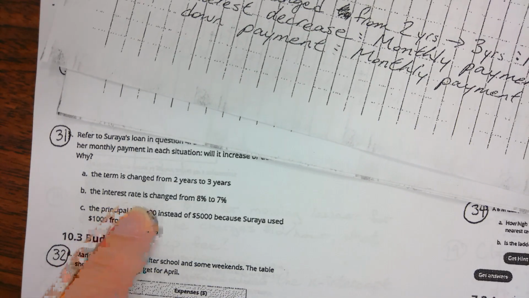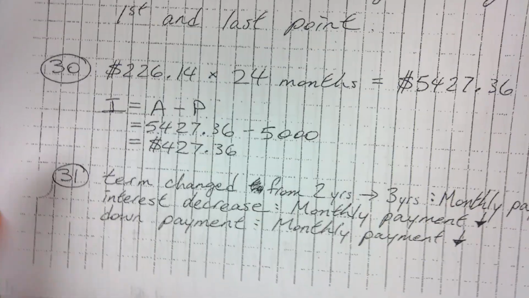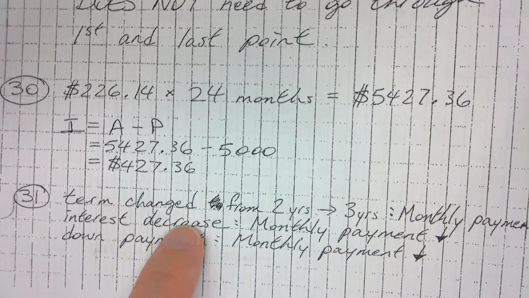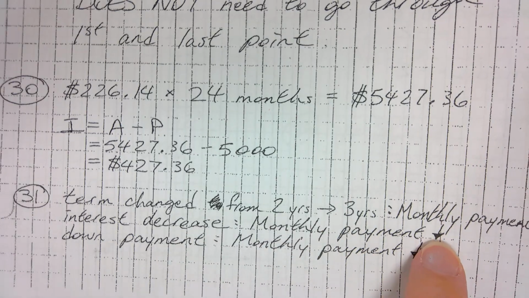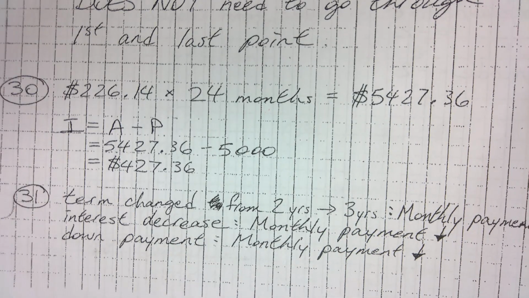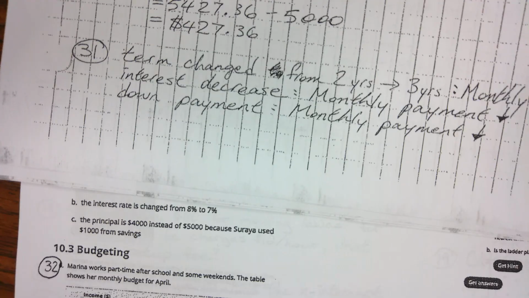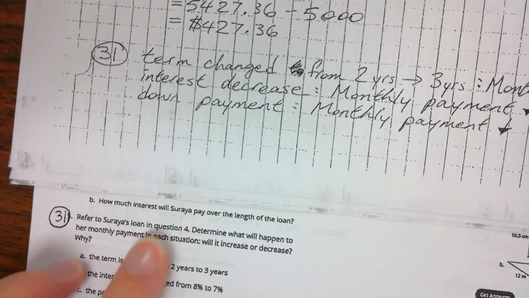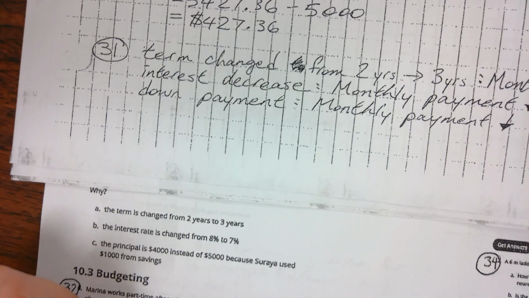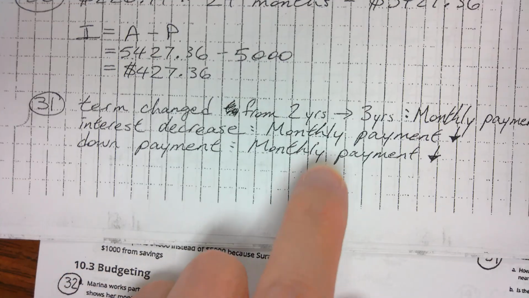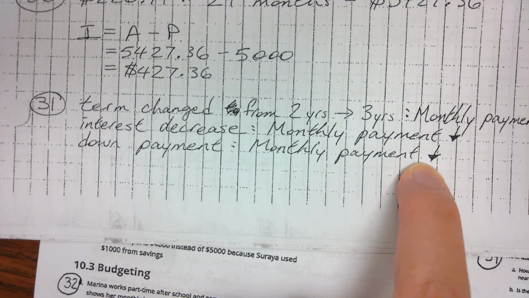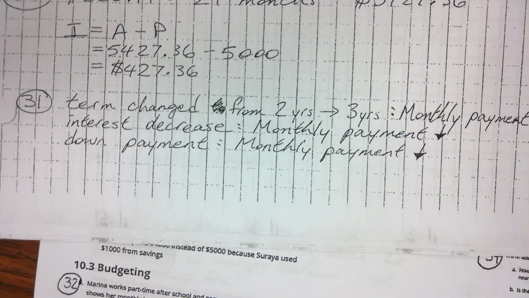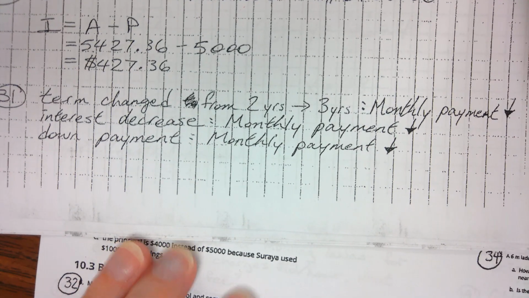What if the interest rate is changing from 8% to 7%? If the interest rate decreases, that's a good thing for you, and so your monthly payment should go down for the same number of terms. And then lastly, if you reduce your principal, which means you have $1,000 that you can pay right off the bat, so that's a down payment, then the amount of money you have to borrow is lower, so your monthly payment will also go down.